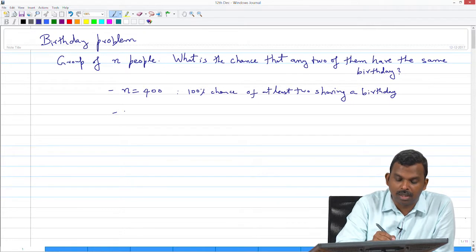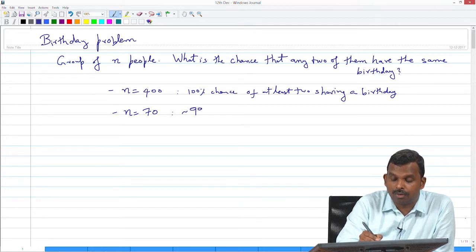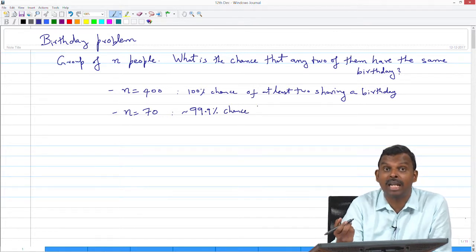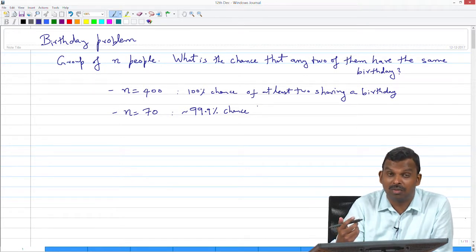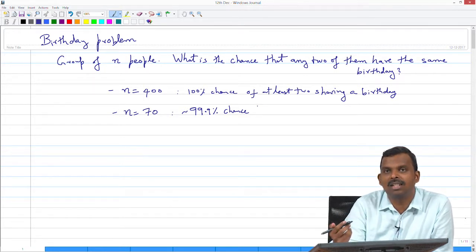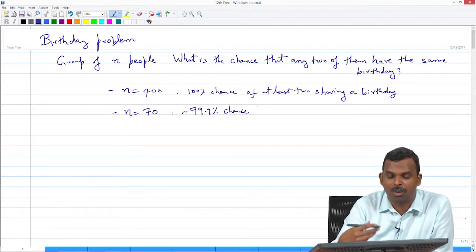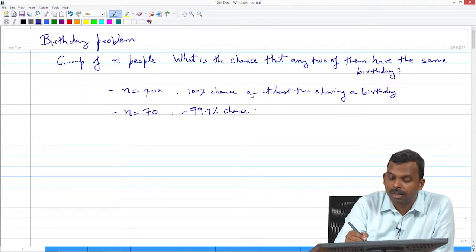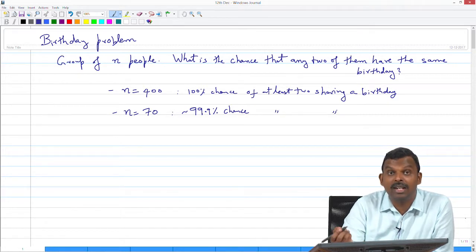It turns out that if n is something like 70, then the chance of two people having the same birthday is roughly 99.9%. Even for 70 people, it is almost certain, according to the probabilistic model that we will put down.